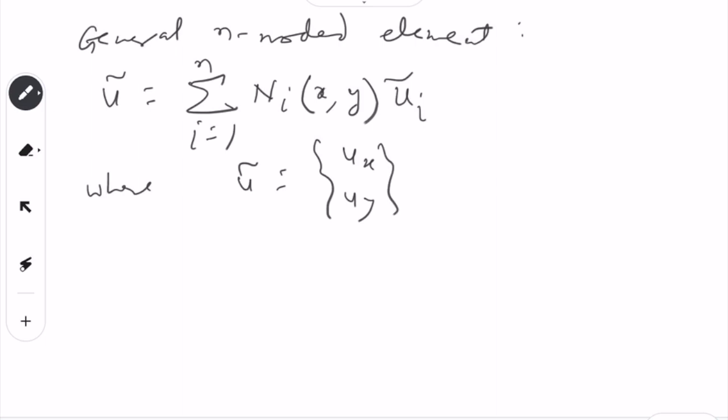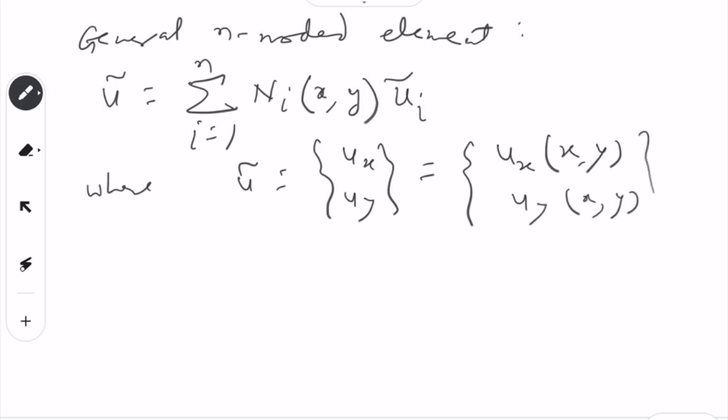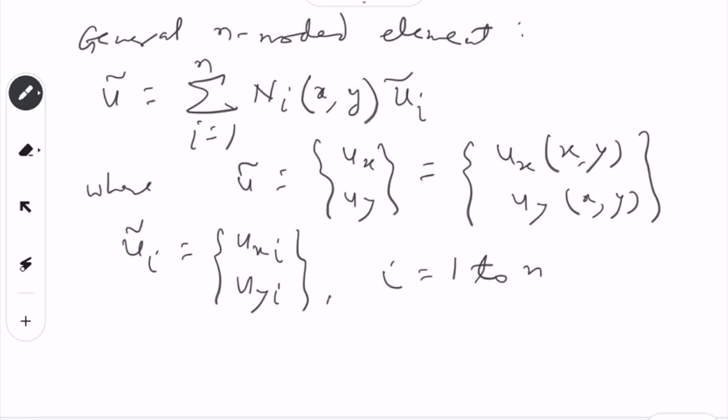Both ux and uy are functions of x y. Then u I tilde is ux I and uy I, with I equal to 1 to n.